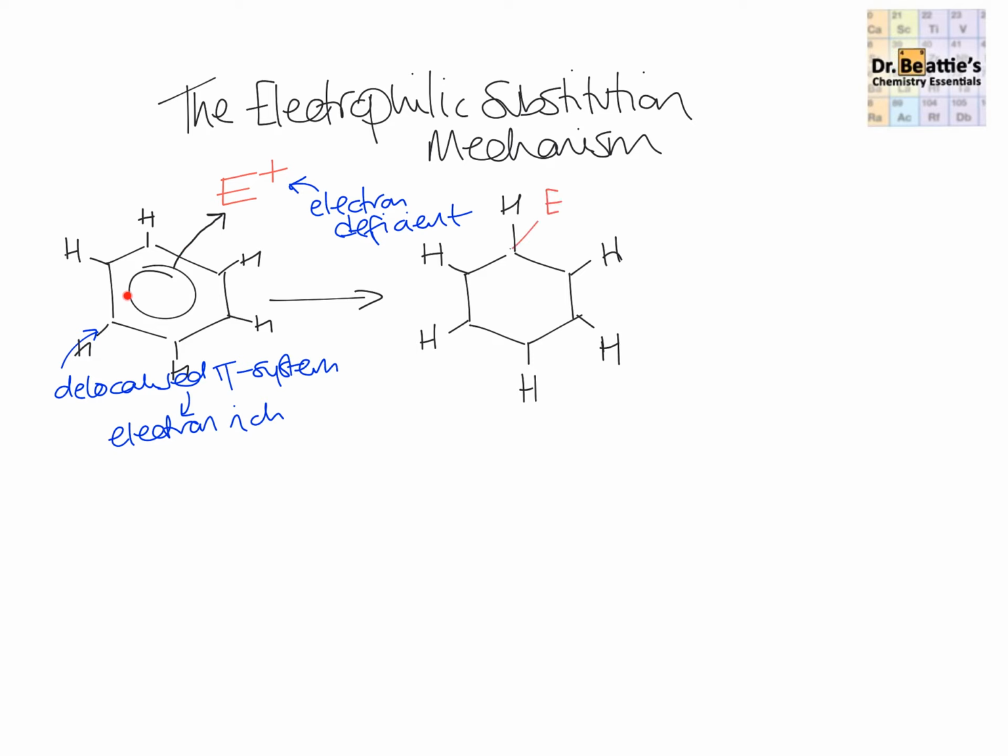Now, obviously, there has been a temporary disruption of this delocalized pi system, and we need to show this in our diagram. Because this is the carbon that's formed a bond to the electrophile, the ring system will not extend to cover this carbon.